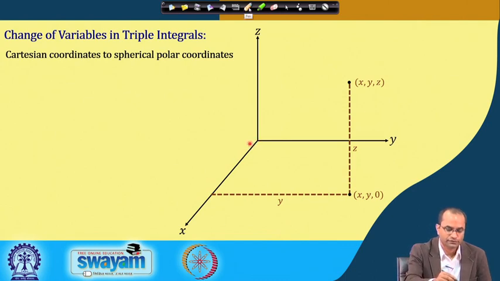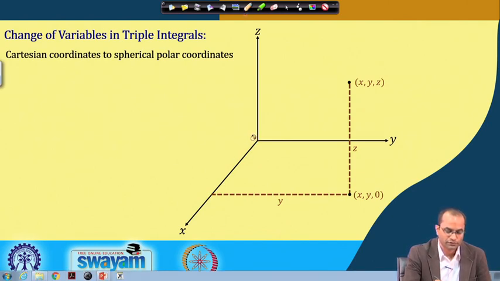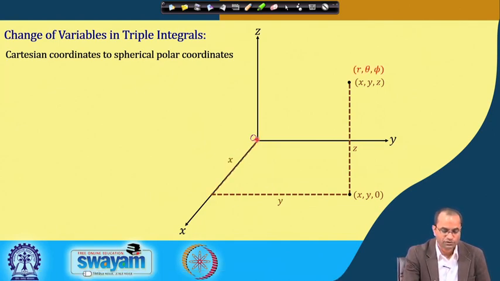So, here we have this point as the origin, and from the origin to this point the distance is given by x. Then along the y direction we have the distance y, and along the z axis the perpendicular distance is z.